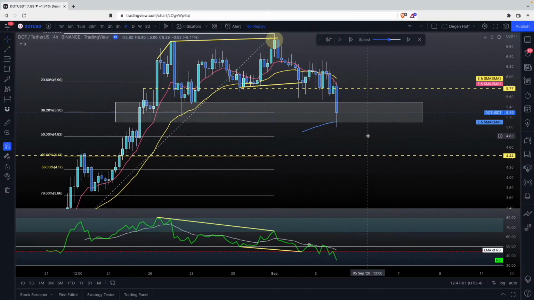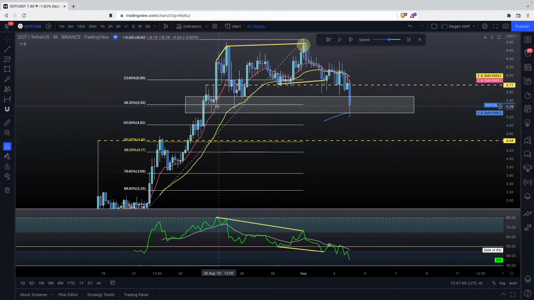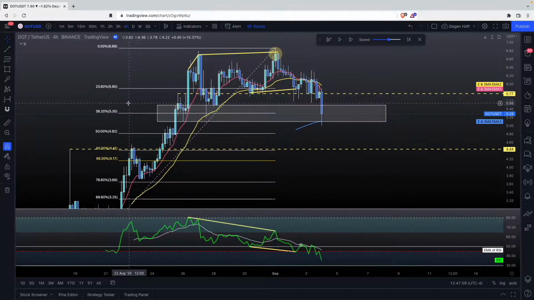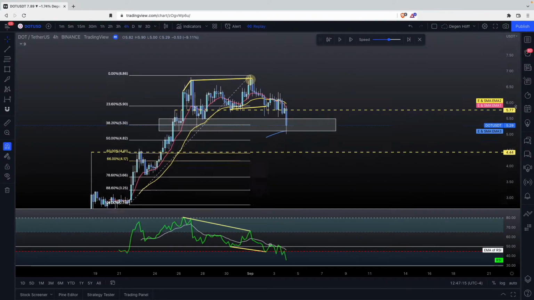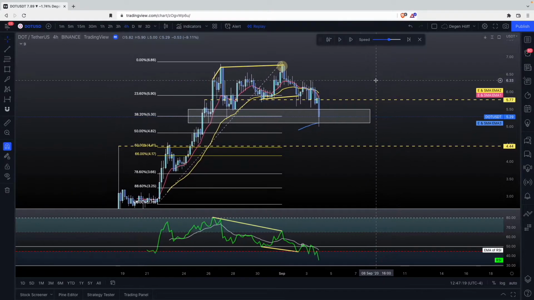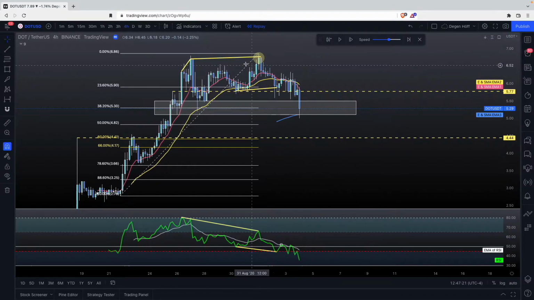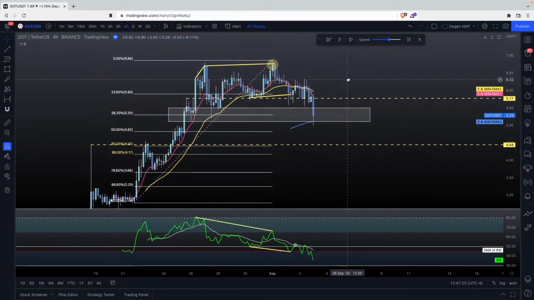At this point, it's only pulled back to the 382 fib. If it pulls back to the 382 fib, it's still not a strong enough retracement to say this move is ready to reverse. It's still in an area where I would say bullish continuation is the bias at this point.